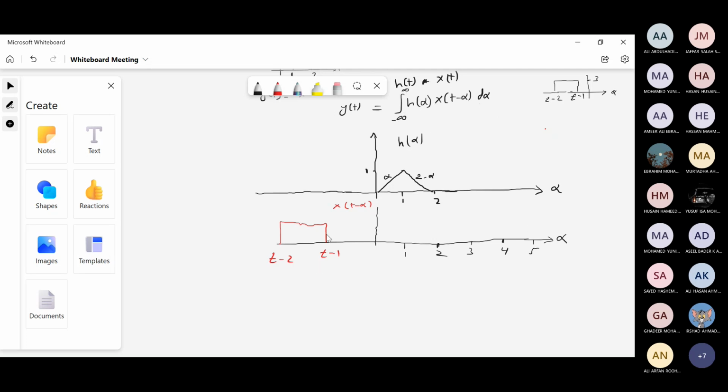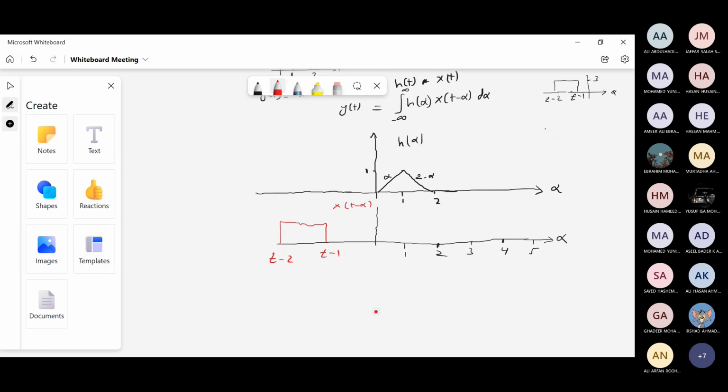Okay, now it depends on where this one is, because we are going to move it to the right. So if this edge is less than 0, then the multiplication of the two will be equal to 0, because h here is multiplied by 0, and here x is multiplied by 0.